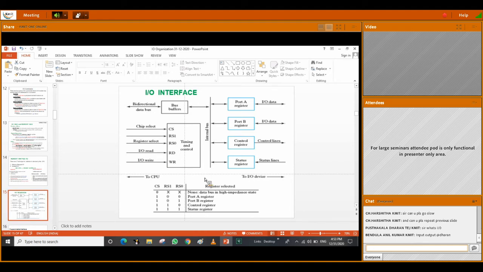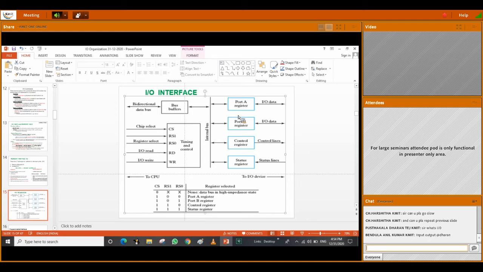Next, coming to register selection, how we are selecting. For example, CS is 0, 1, 1, 1, with RS1 and RS0. The port A register is selected when RS1 is 0 and RS0 is 0. The port B register is selected when RS1 is 0 and RS0 is 1.